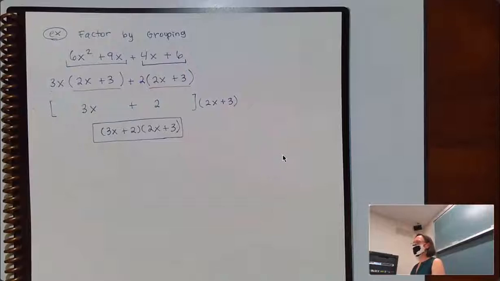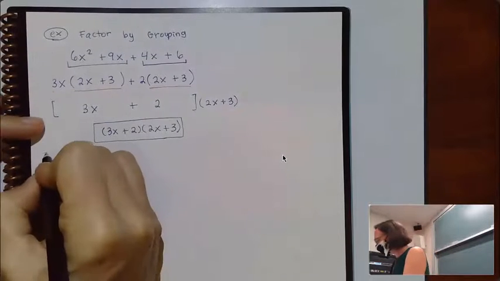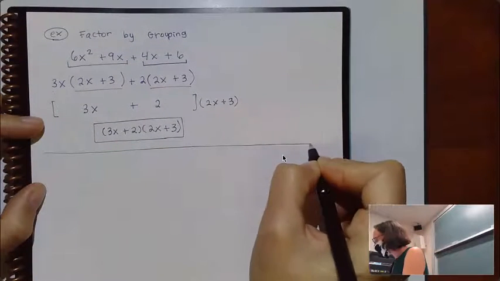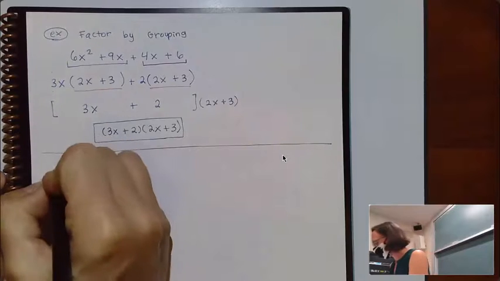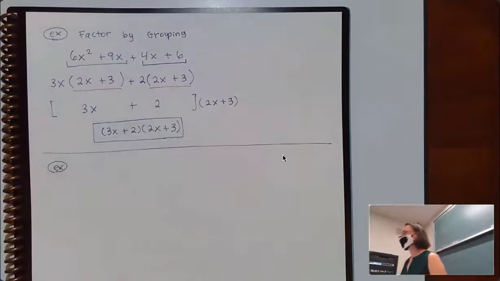If you are one of those people that sees patterns, I am not one of those people. But I like to show it now because of how much more successful some students are factoring this way than any other factoring method. If it's not working for you, that's okay. Just hang in there, practice it with me for a minute.